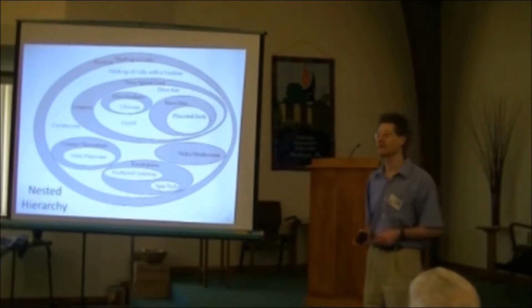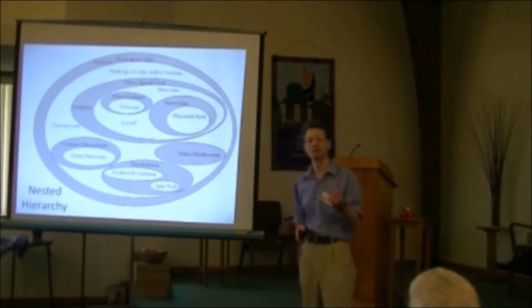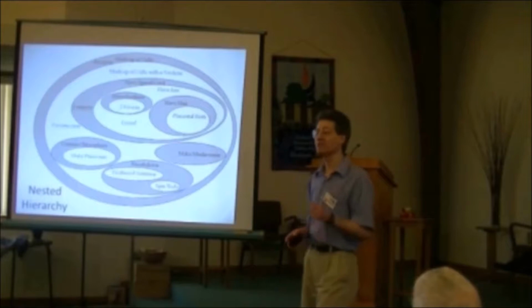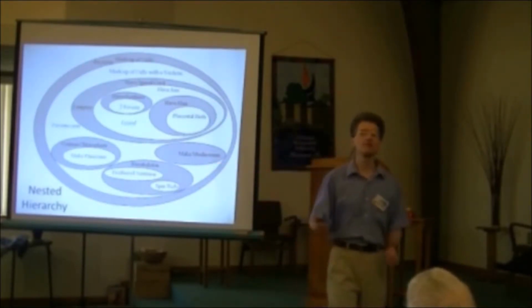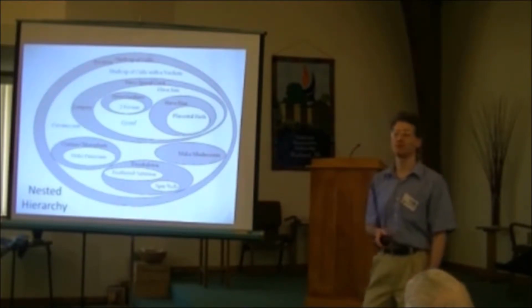It's called a nested hierarchy. And the neat thing about a nested hierarchy is it forms automatically whenever you have descent with modification. That's why life is in a nested hierarchy. And when you see a nested hierarchy, it's a good sign that you might be talking about descent with modification.